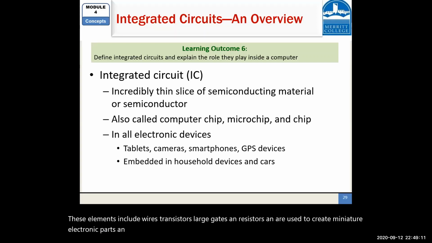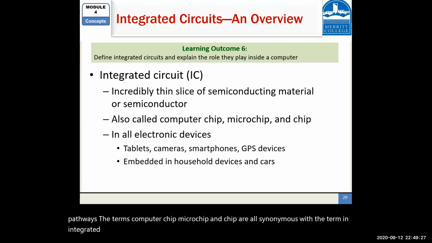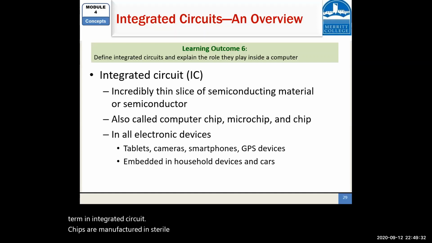Electronic signals and bits and bytes travel over these electronic pathways. The terms computer chip, microchip, and chip are all synonymous with the term integrated circuit. Chips are manufactured in sterile environments to protect their parts.